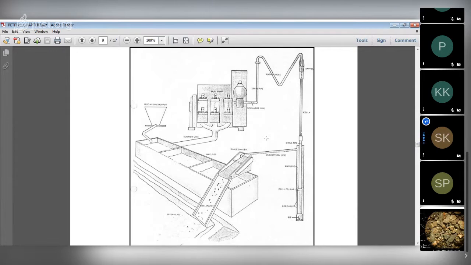Depending on that, the mud log will generalize the interpretation: this is shale, this is sandstone, this is carbonates or something else. So geology for log analysis is very important, and they have to be very thorough with it. Mud logging also needs geology and basics of electronics.